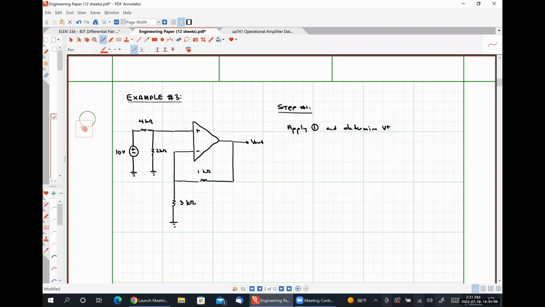So rule number one says this current has to be 0 amps. This current has to be 0 amps. And now we solve for V plus. Does anybody have any thoughts on how we might do that?